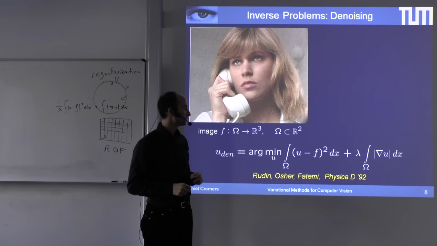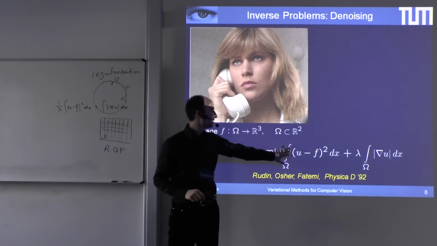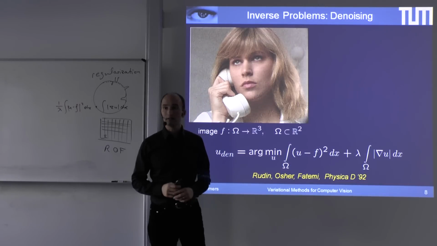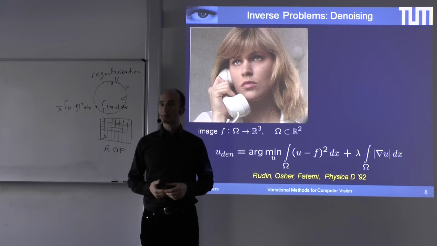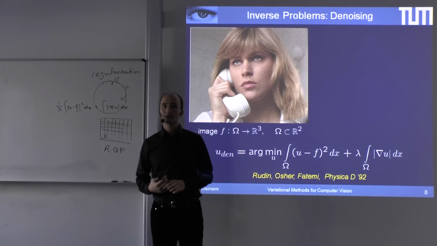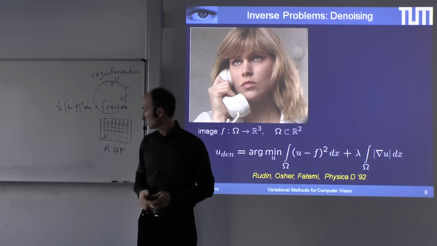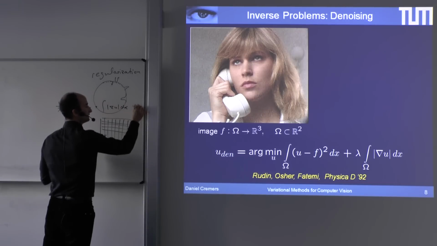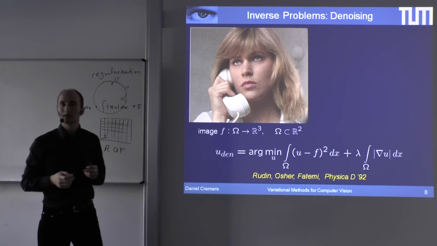This is important when we talk about optimization. Multiplicative factors in front of the energy don't have any effect on the problem. It's the same problem. Also, the addition of constant terms to the energy doesn't change. So if I take the same energy and add 5 here, doesn't matter.